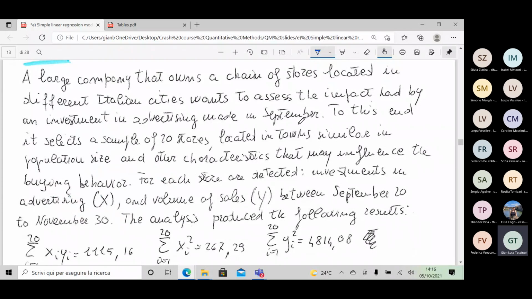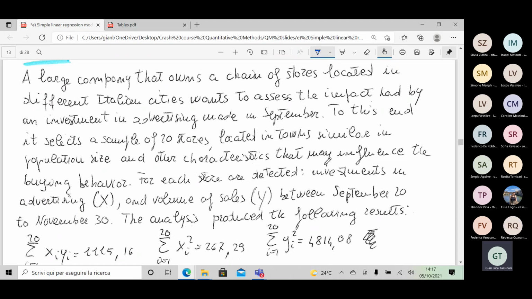To this end, the company selects a sample of 20 stores located in towns similar in population size and other characteristics that may influence buying behavior. For each store, investments in advertising and volume of sales between September 20 and November 30 are detected. The analysis produced the following results.